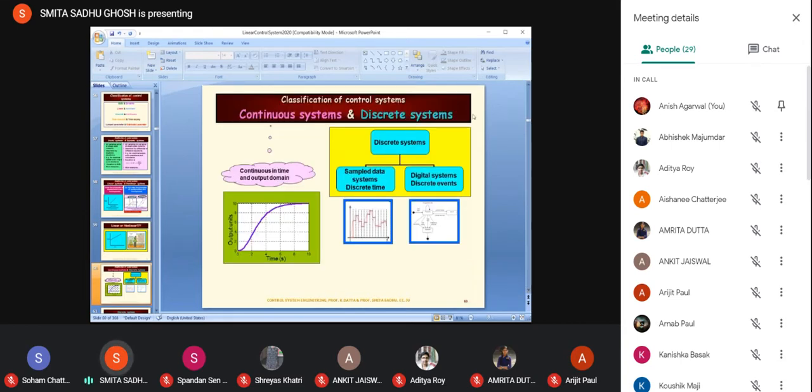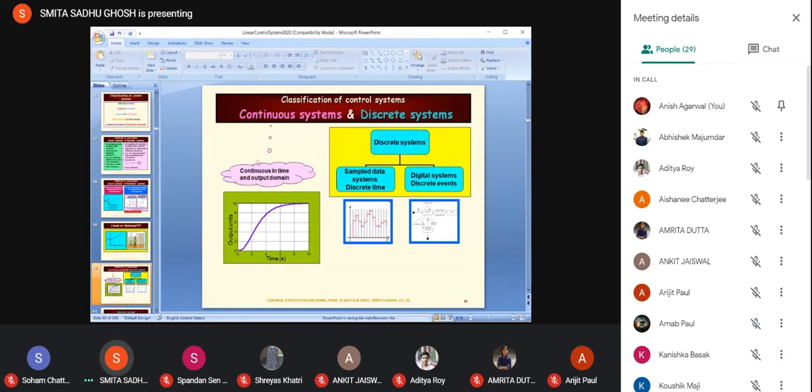Now another classification of systems is whether a system is a continuous system or a discrete system. So over here, basically, a continuous system is a system which has continuity both in the time domain as well as the output domain.